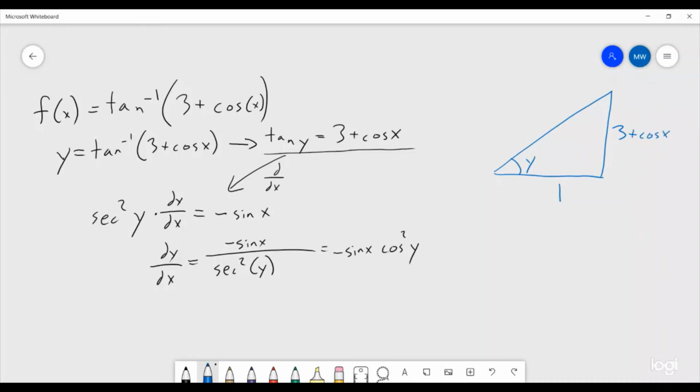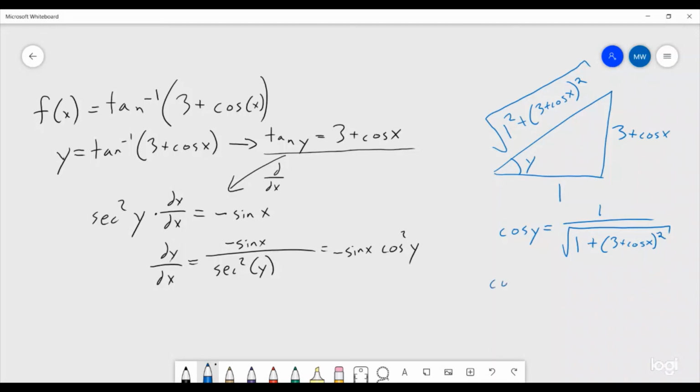So that means that this side is the square root of 1 squared plus 3 plus cosine of x squared. Cosine of y is going to be adjacent over hypotenuse, so that is 1 over the square root of 1 plus 3 plus cosine of x squared.